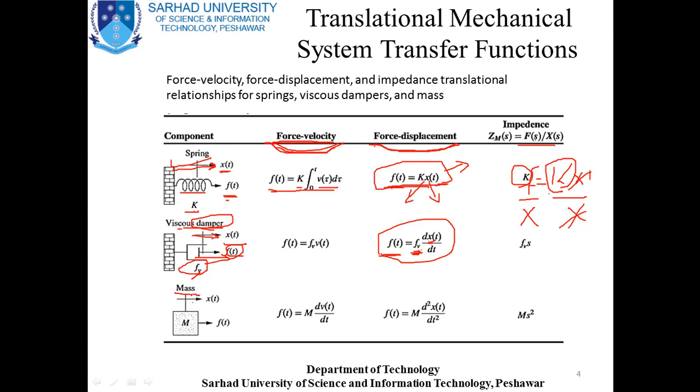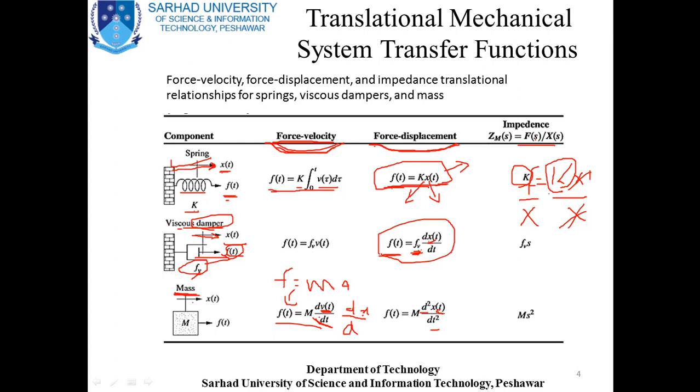Similarly, there is a third function, that is the mass. So the equation, you know that F is equal to ma, as the second equation of motion, and you know that a is nothing but the derivative of the velocity. If you put the value of Vt, which is the rate of change of displacement, it becomes double derivative of x of t.